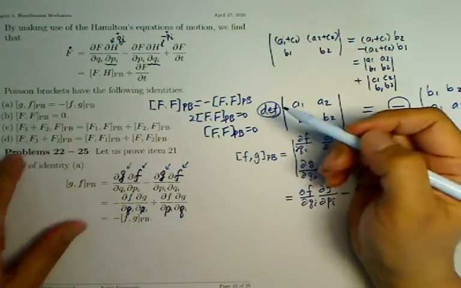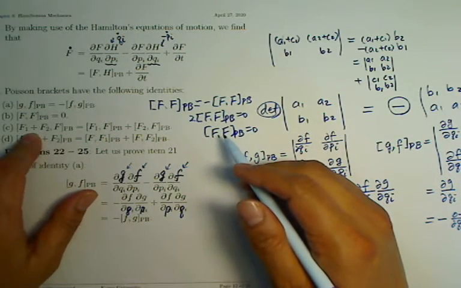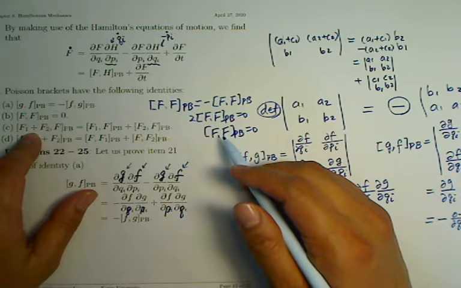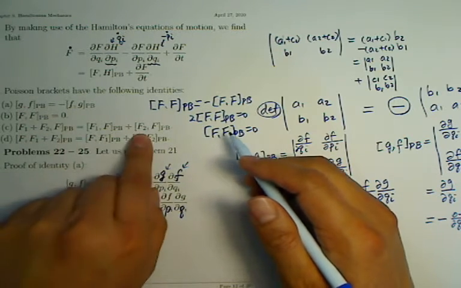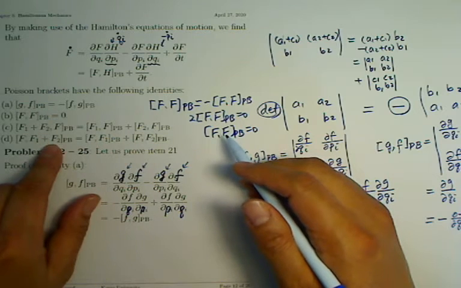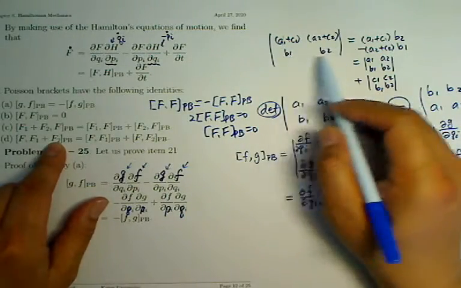The next one: if an argument is replaced with the sum of two arguments, then it is written in this form, with the same relation. That comes from the property of the determinant.